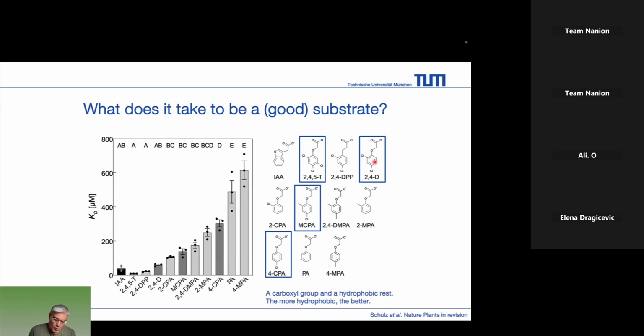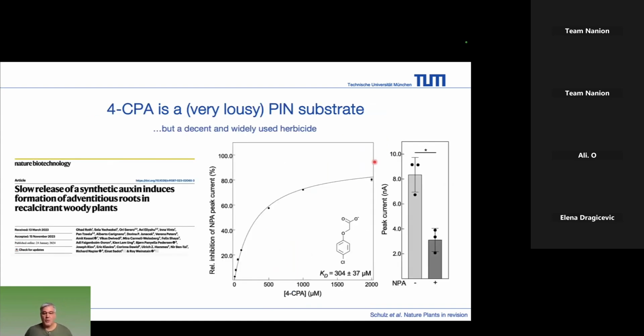But I want to share with you a little bit what we did here, because it's actually interesting in terms also of SURFE2R. And we looked at a couple of these substrates, and one of them is 4-CPA, and this is a super lousy PIN substrate. I mean, here the KD is super, super low.